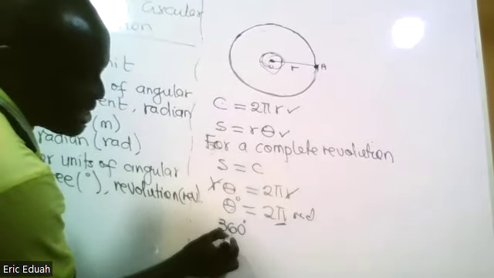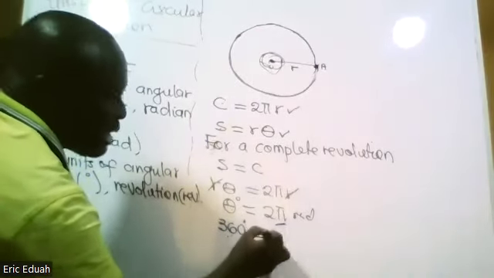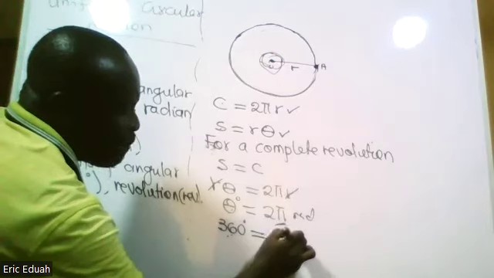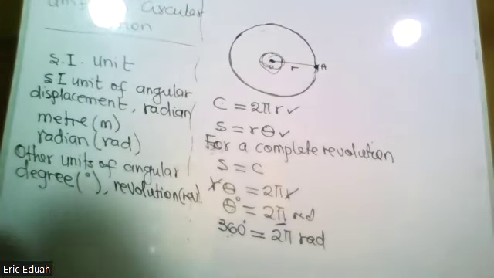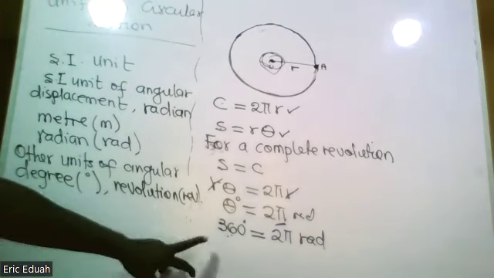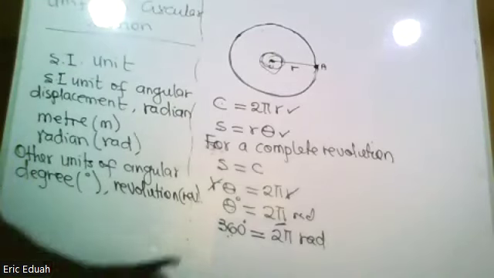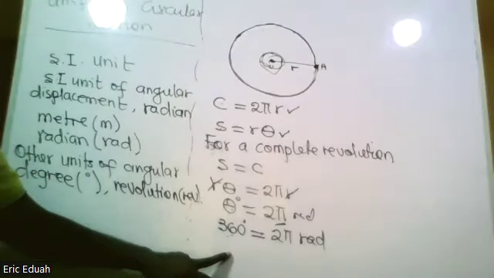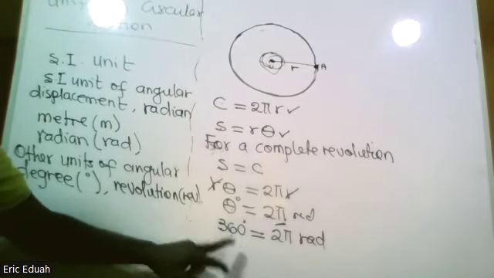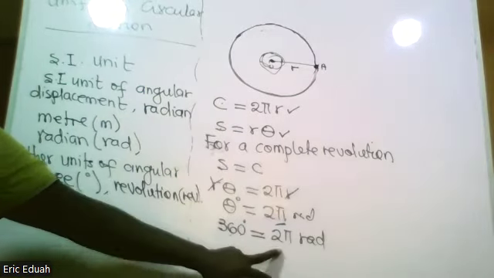This 360 degrees is equal to an angular measurement of 2 pi radian. So this is the conversion equivalent. One complete revolution in degree is equal to 360. A complete revolution in radian is equal to 2 pi.